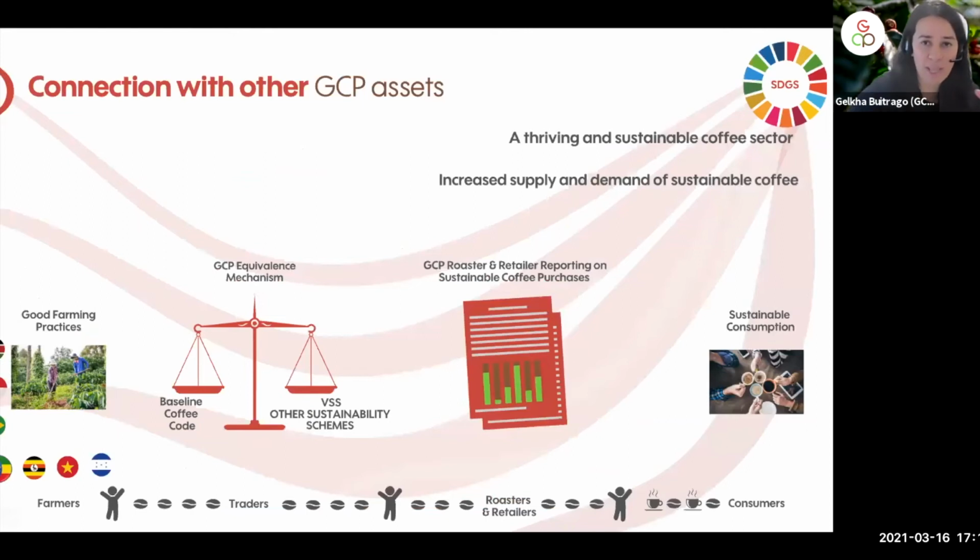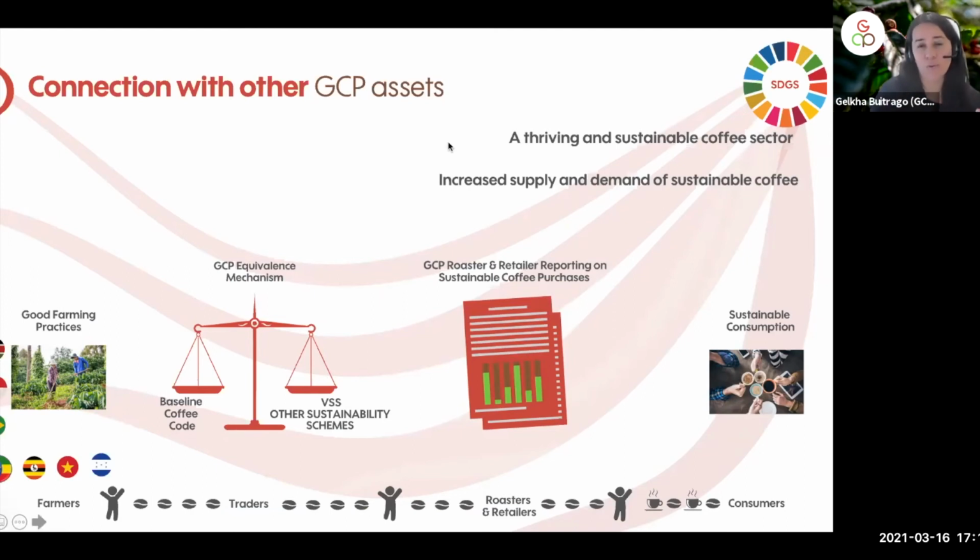Before we dive into more details about the Baseline Coffee Code, I want to say a couple of words about how this work connects to other pieces of GCP that are quite instrumental. First, I mentioned the work of the country platforms. The Baseline Coffee Code as a reference code is an important point for the development of national sustainability strategies.